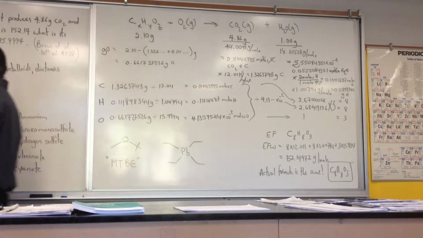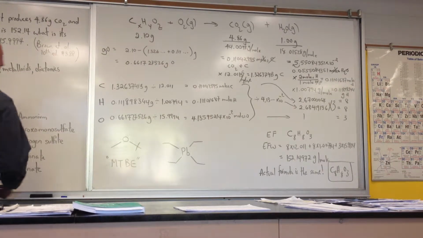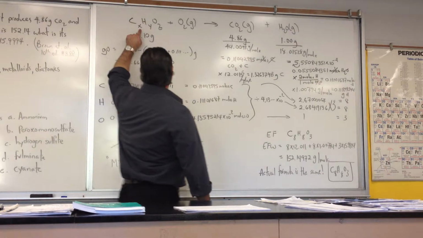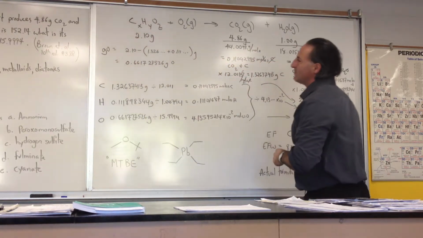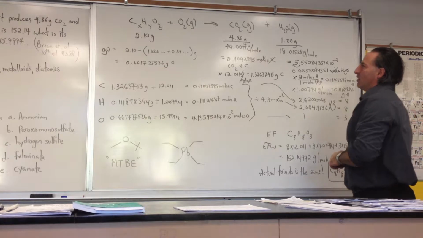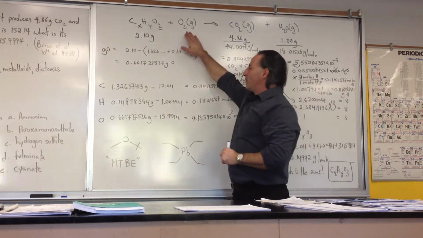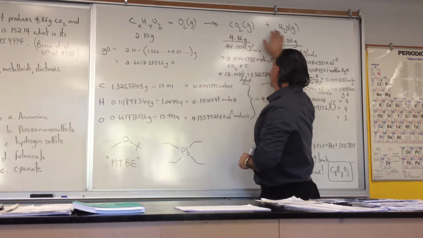We first of all represent the chemistry of a combustion reaction. I put letters here to represent unknown numbers. I don't know what the numbers for the formula of vanillin are, but I do know that when you combine it with oxygen, you're going to get carbon dioxide and water.